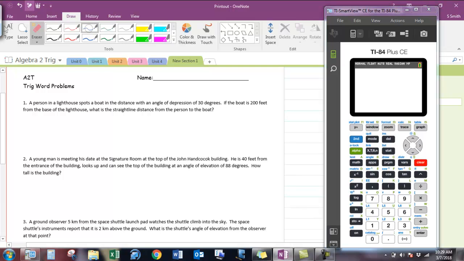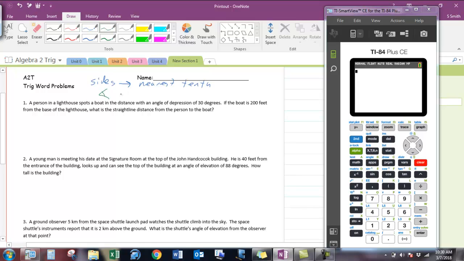Couple of ground rules that I want to start with. First of all, if you are trying to find a side, all sides I want you to round to the nearest tenth, just one decimal place. And then the other thing that we might be trying to find here is an angle.